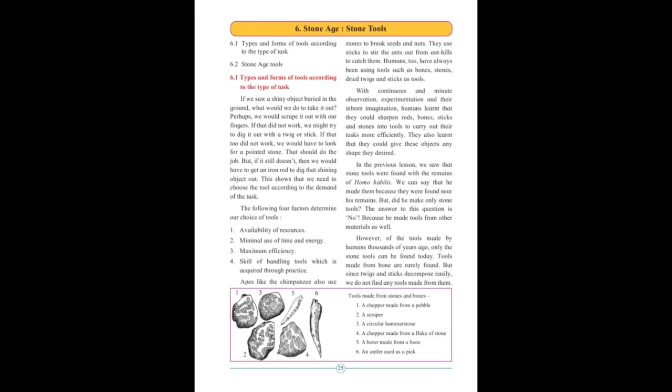So students, humans used to do their work easily because of their continuous observation, experimentation, and their imagination. Okay, they learned how to sharpen rods, bones, sticks, and stones into tools to make their work easy.